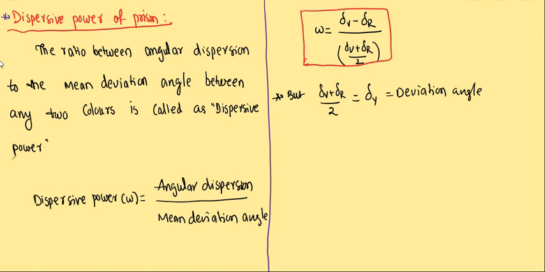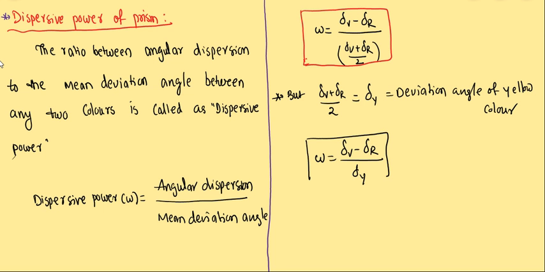The mean deviation is nothing but the deviation angle of yellow color. We substitute in the above equation. Then we get delta V minus delta R by delta mean, but delta mean is equal to delta Y, the deviation angle of yellow color.